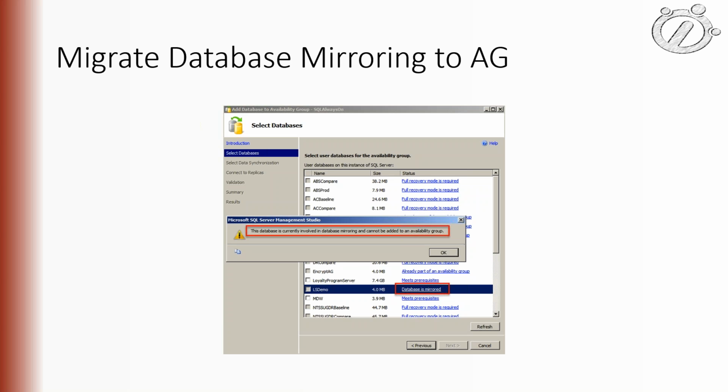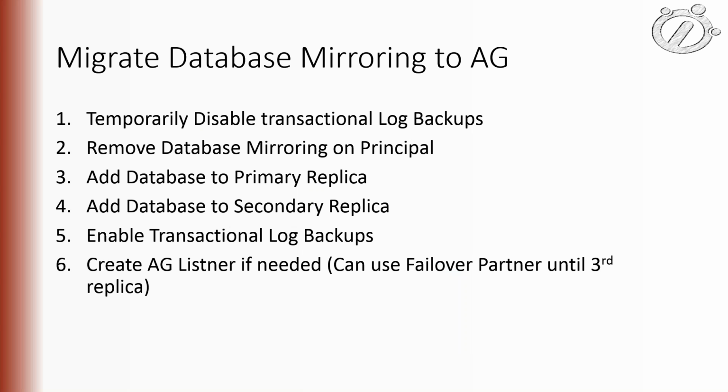So in order to pre-stage with database mirroring, you can temporarily disable those transaction log backups, remove the database mirroring on the principal, and then add it, just like we did with log shipping, where you'd add the primary and then the secondaries, and then re-enable your log backups.